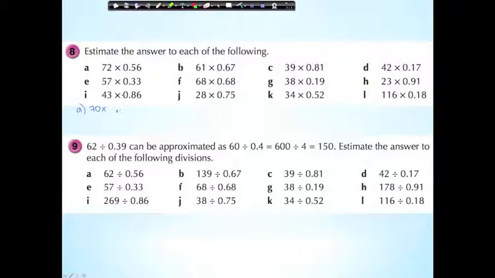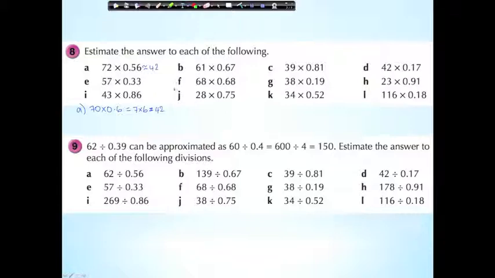So now that's a simple calculation and we've practiced it before. So it's just 7 times by 6, and that gives me 42. Okay, so the first one is approximately 42, and you're going to use the same method for the rest of the questions.